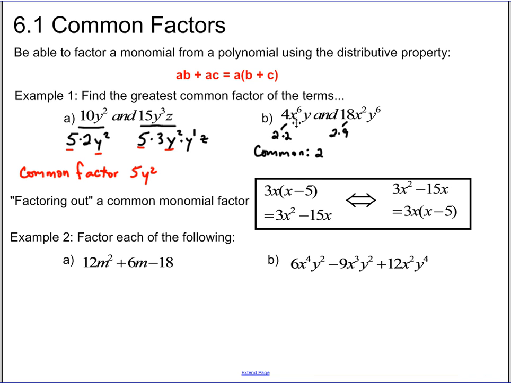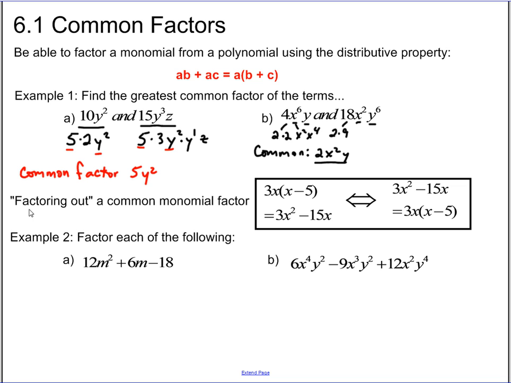Well, x to the 6th contains a factor of x squared, so x squared must also be part of the common factor. x to the 6th would be the same thing as x squared times x to the 4th. And we'll note that y is contained in both terms, so y must also be part of that common factor. And so there you have it, 2x squared y.